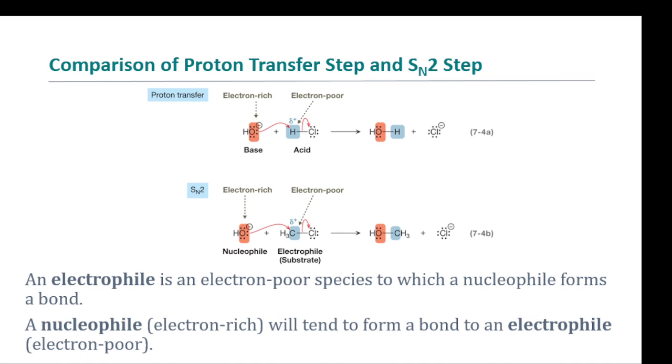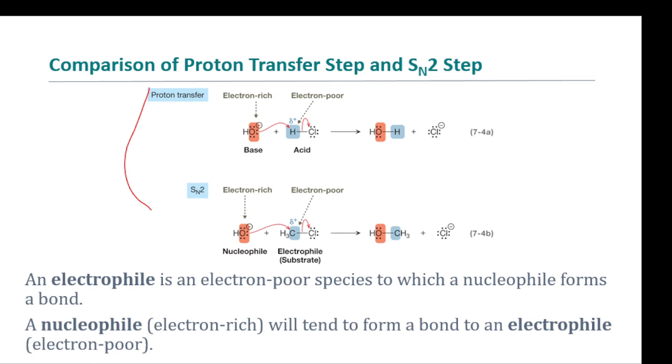In fact, nucleophile means it likes positive things, and H plus is a positive thing. So there's an incredible amount of overlap between a good nucleophile and a good base. And an electrophile is the opposite of that.